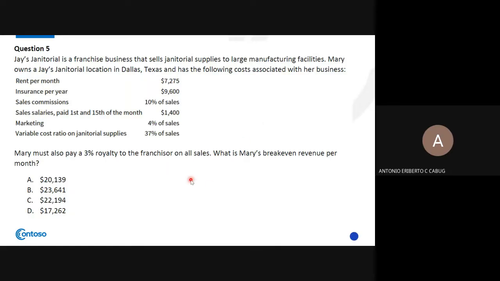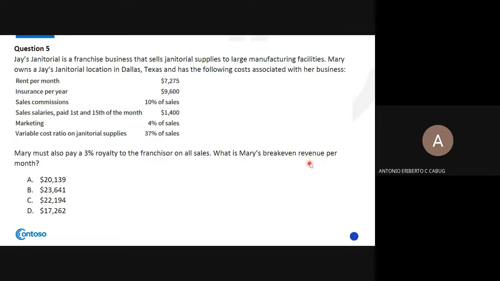Just continue on answering. Jay's Janitorial is a franchise business that sells janitorial supplies to large manufacturing facilities. Mary owns a Jay's Janitorial location in Dallas, Texas, with the following costs associated with her business. Mary must also pay a 3% royalty to the franchisor on all sales. So meron siyang franchise fee for Jay's Janitorial. What is Mary's break-even revenue per month?